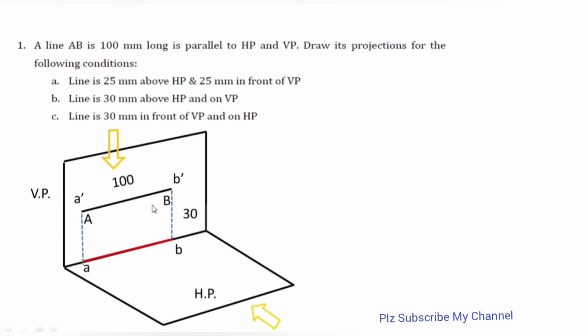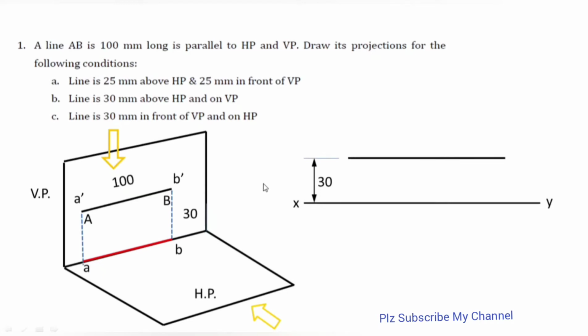So how are we going to do the projection of this line? We need to draw the XY reference line initially. This is named XY, drawn with an H or HB pencil, whatever you require. So 30 mm above HP is the distance. We need to draw that with the 1:3 arrowhead, and we simply draw this 100 mm, name it with the 100 mm dimension, and its name is A dash B dash, and we need to project just below that this red color line.